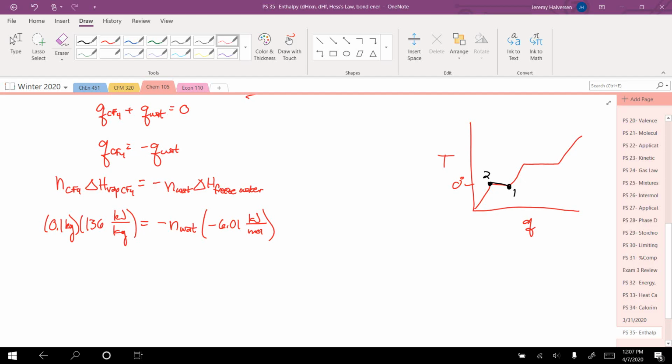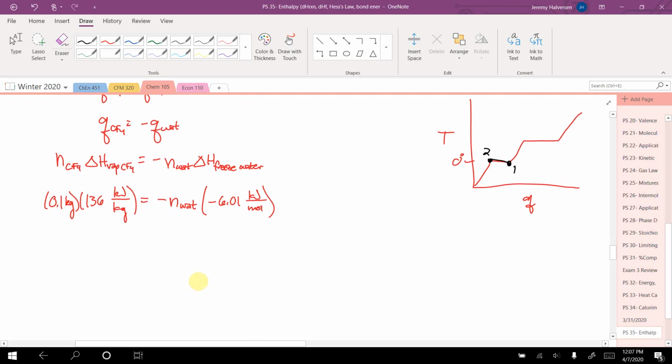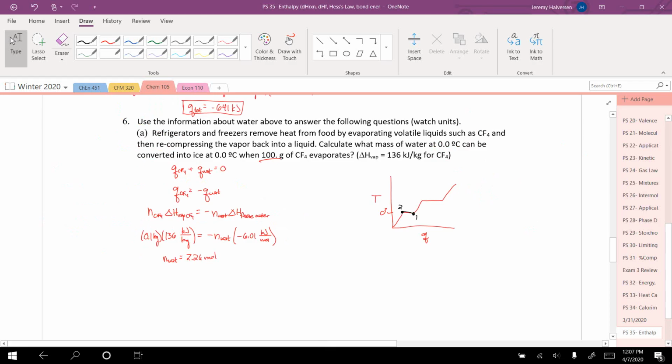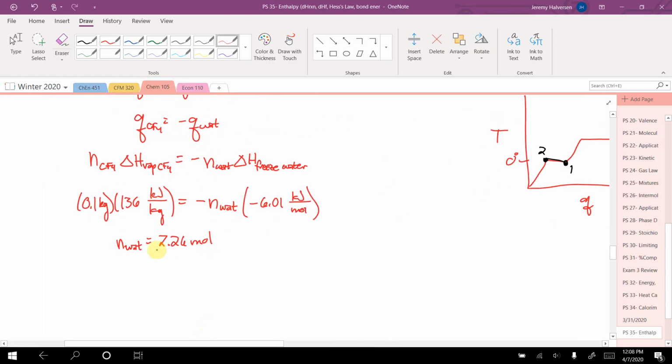And when I do that, I get n water equals 2.26 moles, but they want the mass, so I've got to convert that to grams.